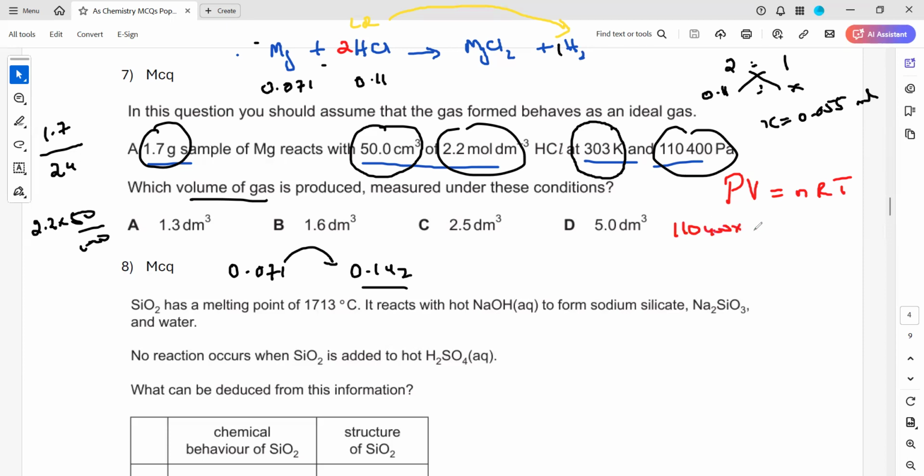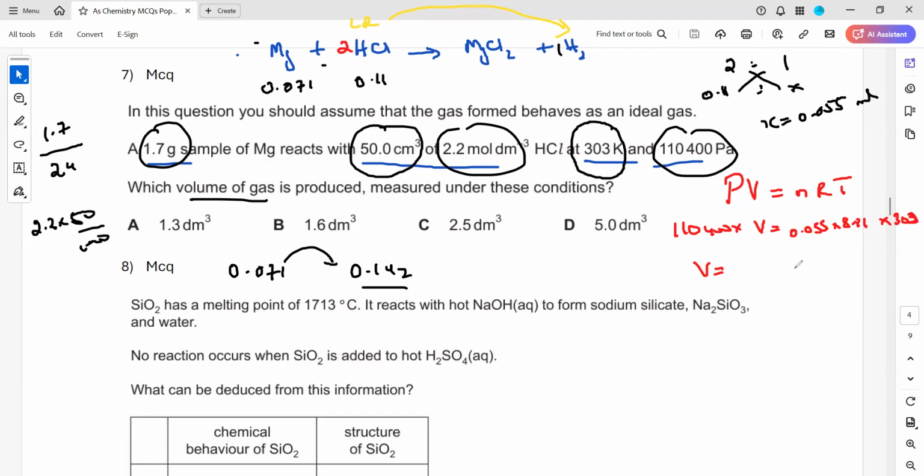V is the volume, we don't know that. n is the number of moles, that is 0.055. R is the gas constant, 8.31. And T is the absolute temperature in Kelvin, so 303 Kelvin. If we need V, it is 0.055 times 8.31 times 303 divided by 110,400.